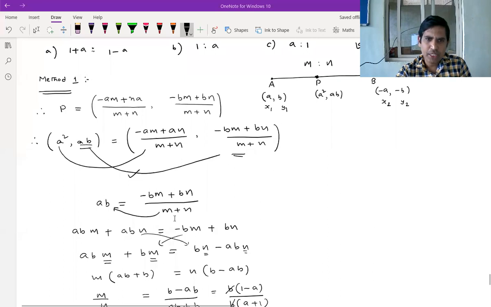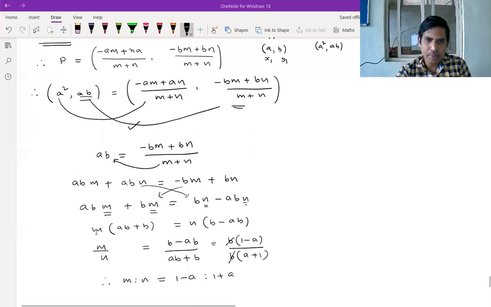Cross multiplied: AB into M, nothing but ABM, AB into N, nothing but ABN, is equal to this one. This term is taken to the left side, this term to the right side. Here M is taken common, here N is taken common. We get M by N is equal to B minus AB by AB plus B. Again, you can take B common in the numerator and denominator; it gets cancelled. The ratio is 1 minus A is to 1 plus A.